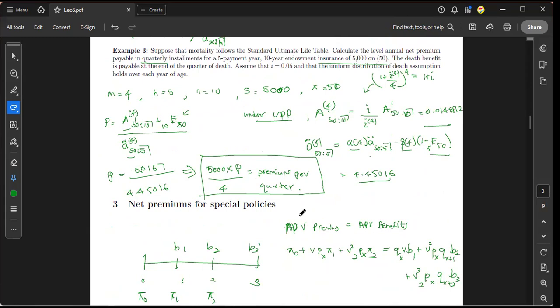And also we have semi-continuous cases where the benefit can be continuous and the premiums can be discrete. The more practical case, but we can have the vice versa as well. And the other thing is the benefit and the premiums can be paid in monthly or quarterly intervals.